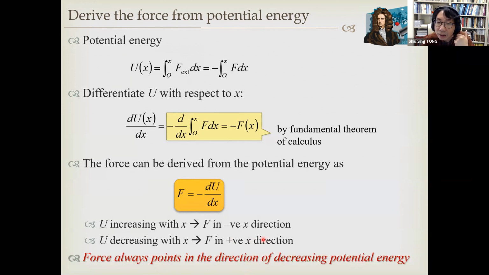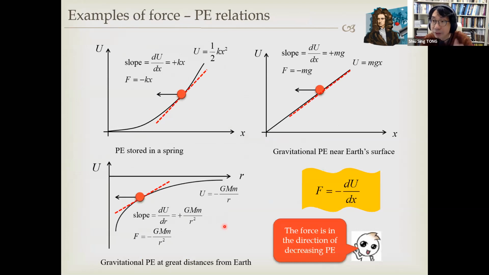Okay, now when I say it like this, it's rather abstract. So let's look at the cases that we have studied. For example, for a stretched spring, we have the potential energy as half kx squared. Is that right? So the U increases with x, like a quadratic curve, curved upwards, because U is proportional to x squared, right? When I differentiate this, dU/dx, I get plus kx, right?